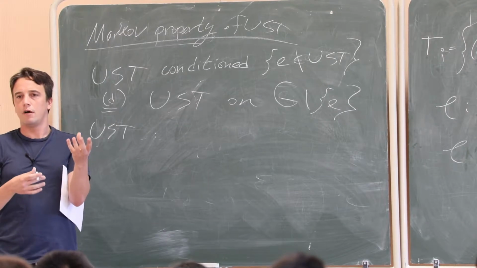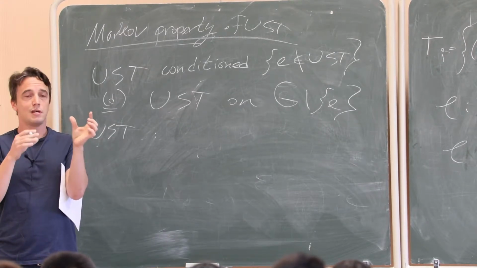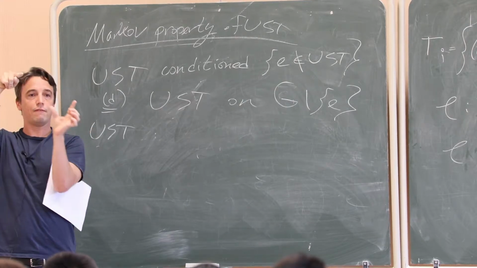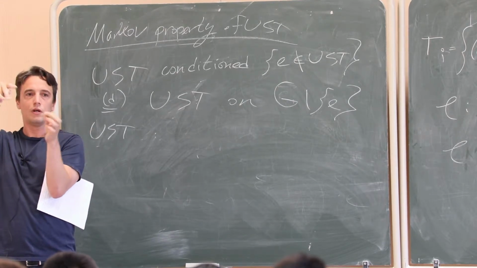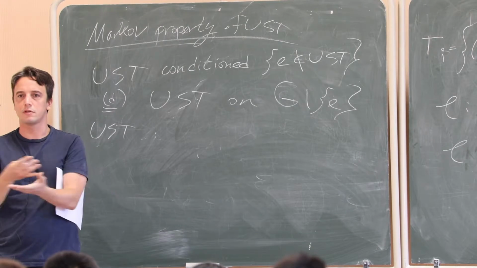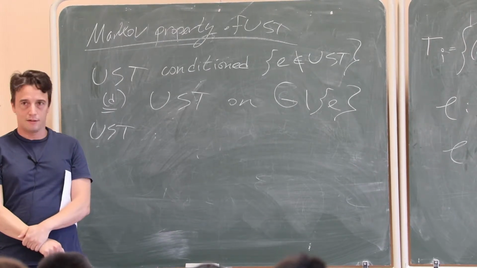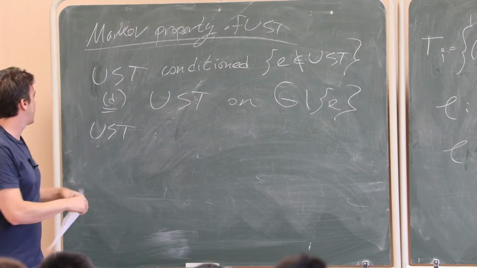The number of spanning trees in the graph in which this edge has to exist, and the graph in which you contract this edge, is just the same number of trees. It's a completely obvious thing. Okay, so that's why everything works.